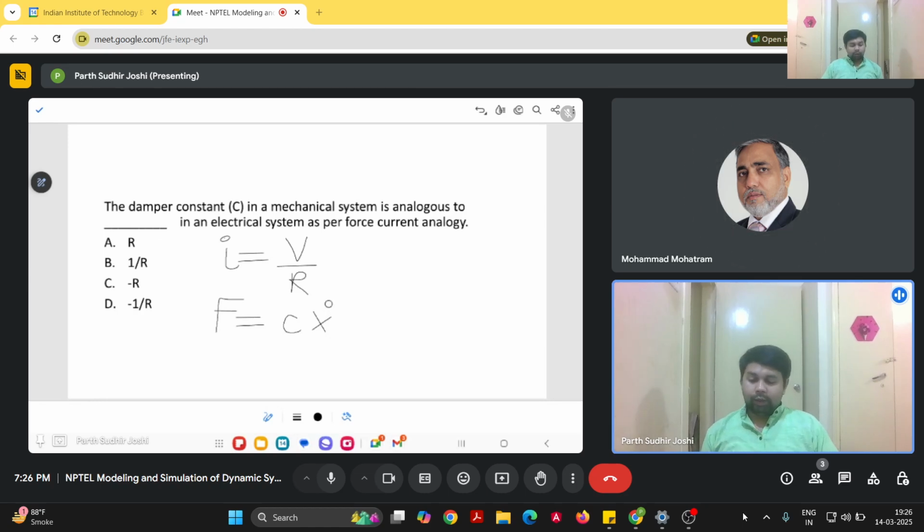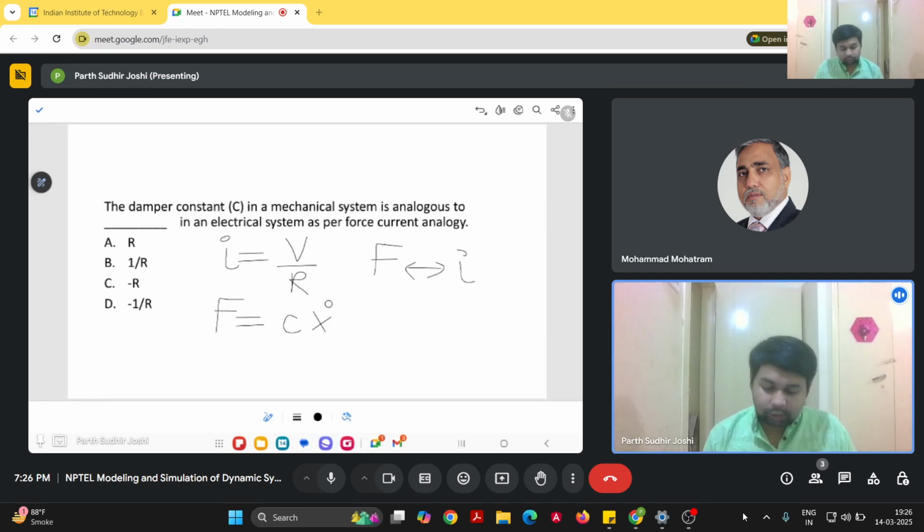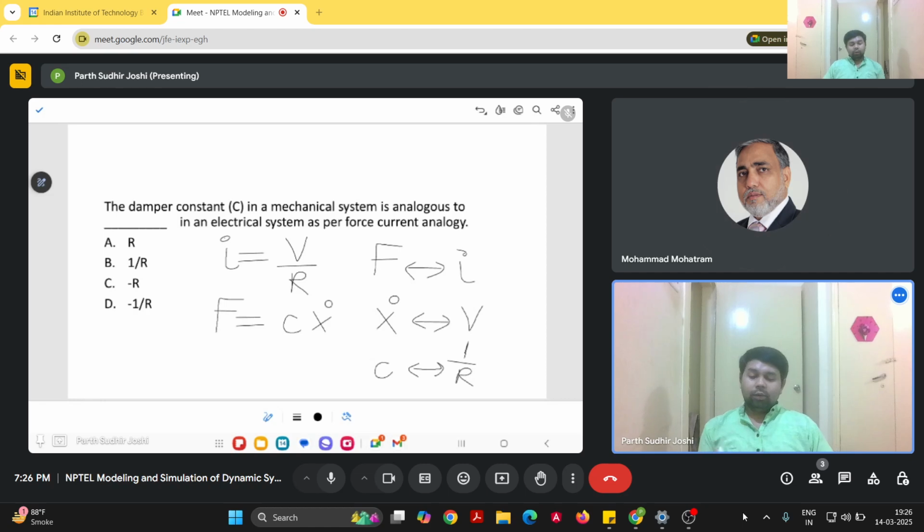So force is analogous to current, and the velocity x dot is analogous to voltage here. Then what remains is the damping constant. It will be analogous to 1 by R. So the correct answer would be this.